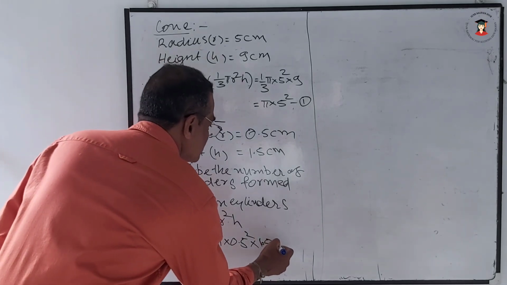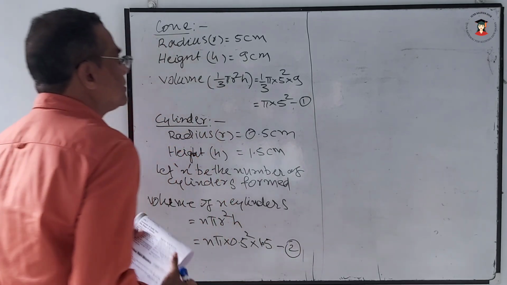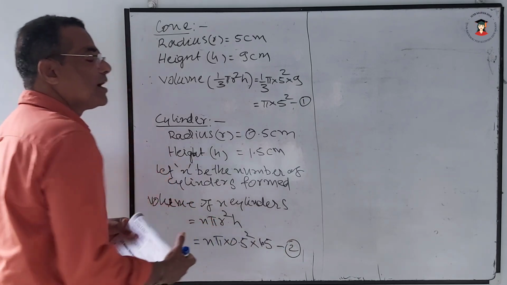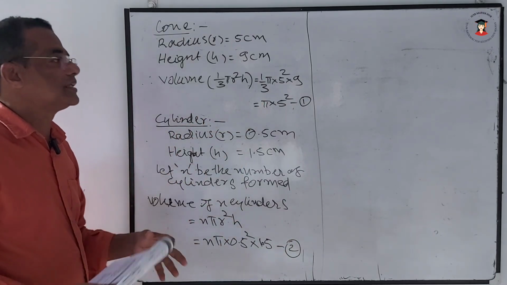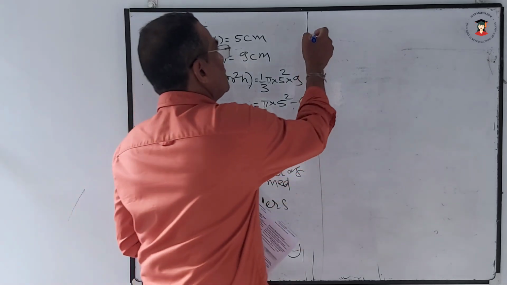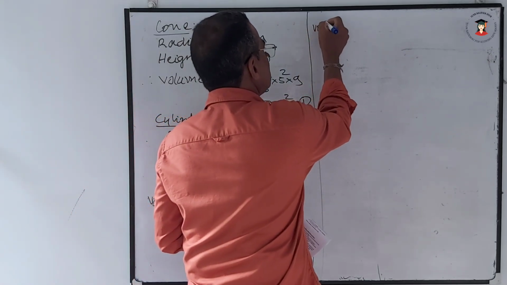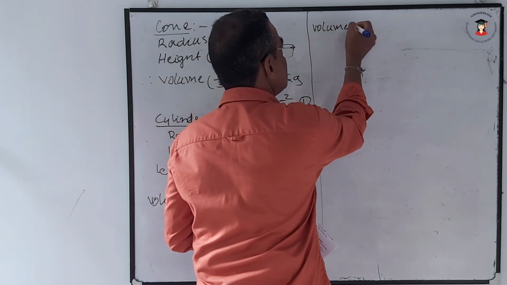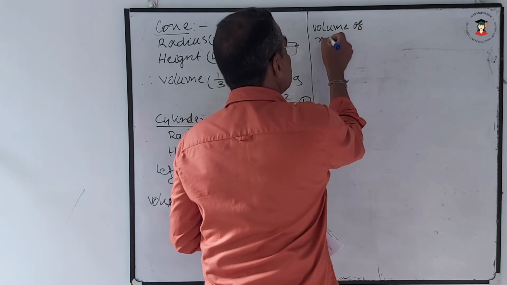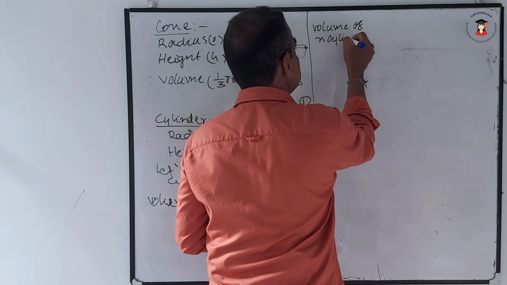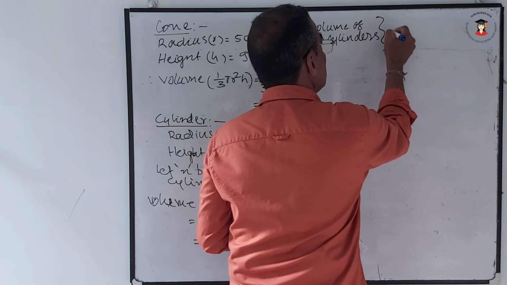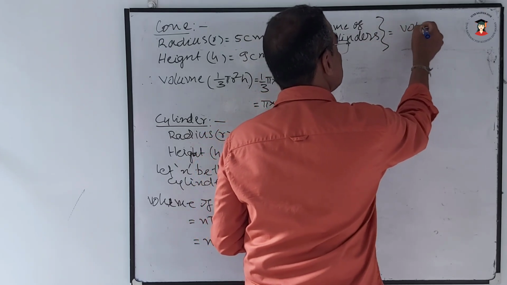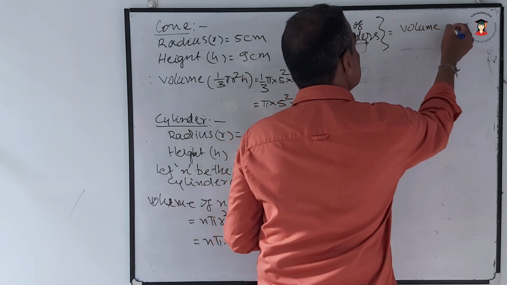This is equation number 2. This is the total volume after melting, and this is the total volume before melting. Equating these two, volume of n cylinders equal to volume of cone.